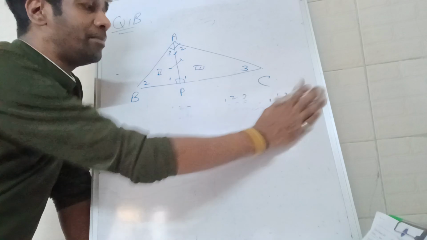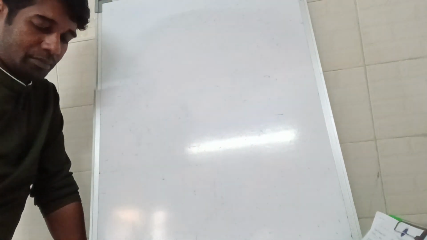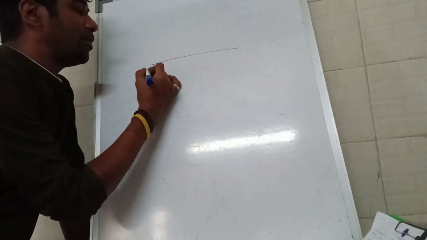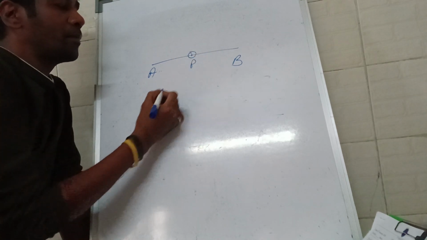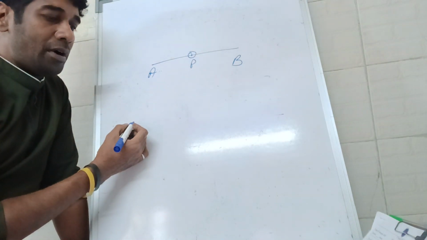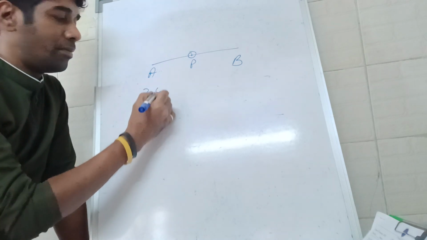We come to the next sum. P is supposed to be the midpoint of segment AB. Here I have a segment AB. P is the midpoint. A is (2, minus 4).